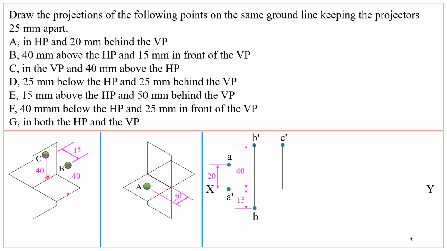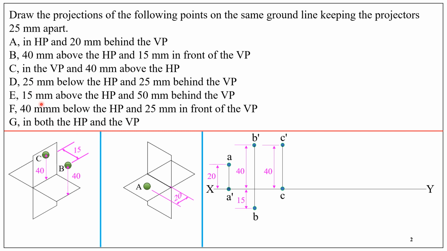From C dash, draw a perpendicular projector till it meets XY and mark the point C. So what is the distance of front view, that is C dash, from XY line? It is equal to 40, that is the distance above HP. And the distance in front of VP or behind VP is immaterial because the object is in VP.